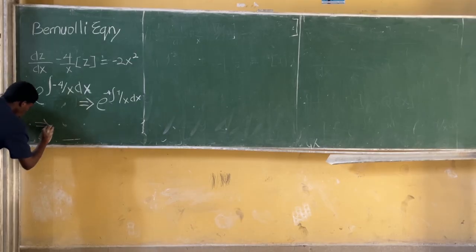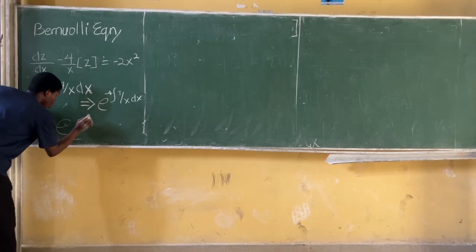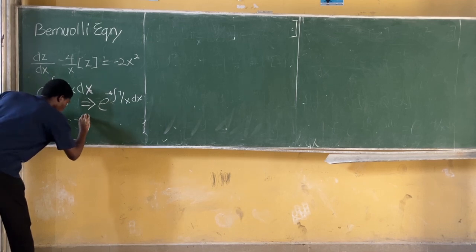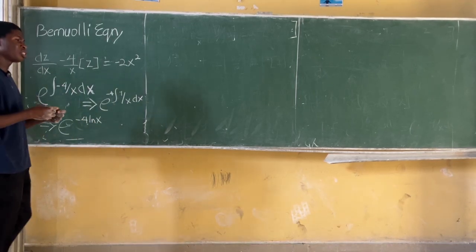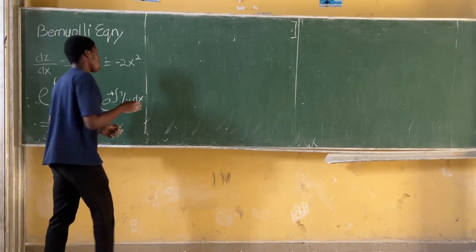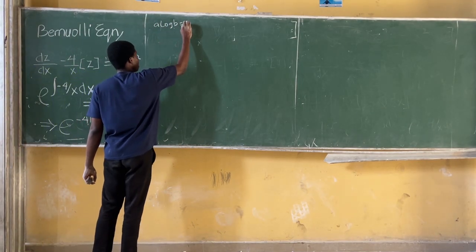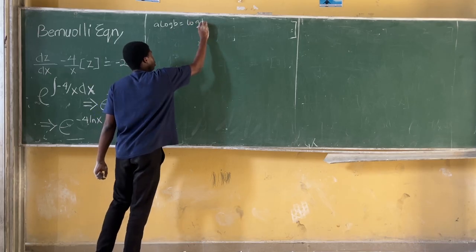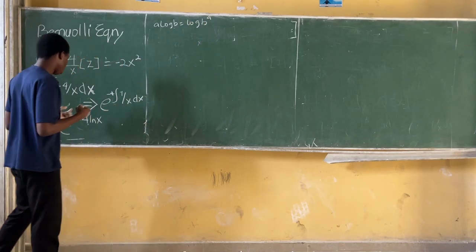So it's going to be e raised to the power minus 4 ln x. And using the laws of logarithm, if you have a ln b, it's the same thing as ln b raised to the power a. So just use your laws of logarithm to work it out.